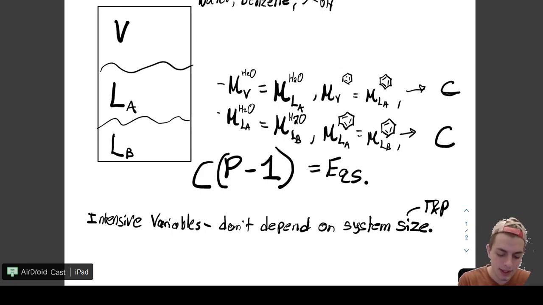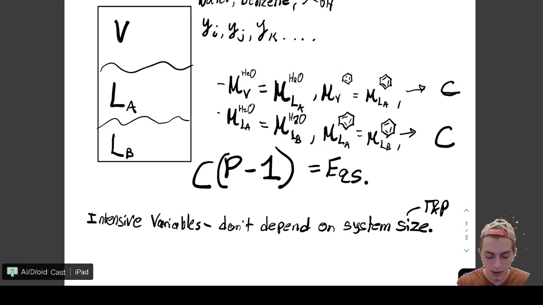So we can say X, I, well, I guess since this is gaseous, it would really be a Y molar fraction, I, and then another Y molar fraction for maybe component J, Y molar fraction for component K, all the way up to all of the components in the system, right?